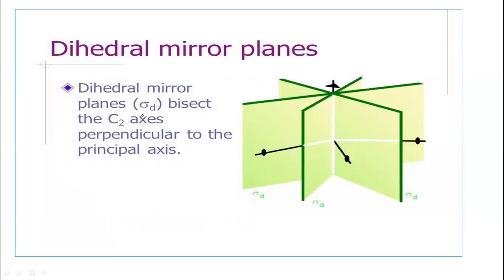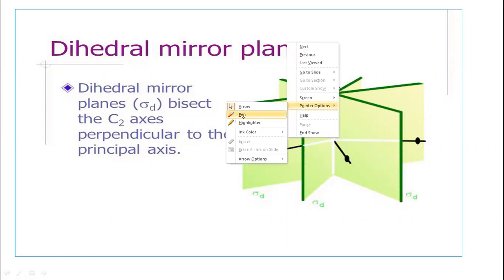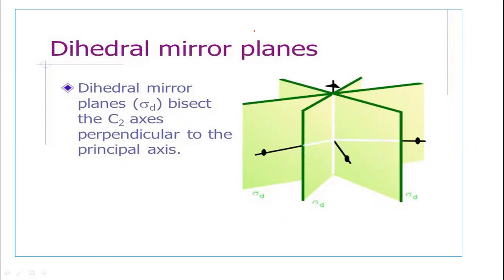Now this dihedral plane sigma d bisects the C2 axes perpendicular to the principal axis. So you can see this is the principal axis here. Try to understand. The principal axis, and the two C2 axes are there.